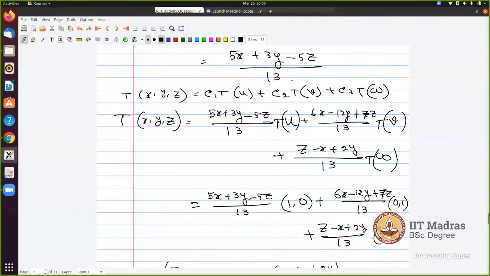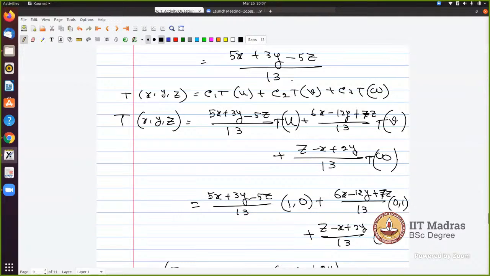Correct. Exactly. Clear, no? My clarification is: when we are applying the transformation to the basis in the domain, what you get is a linear transformation, right?